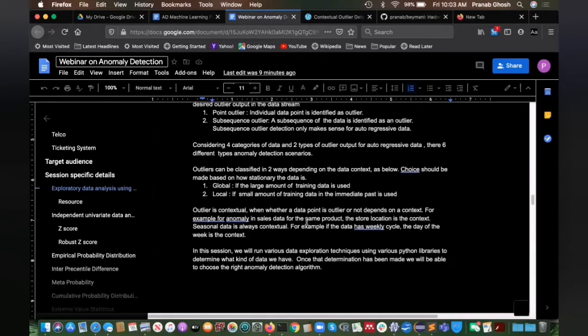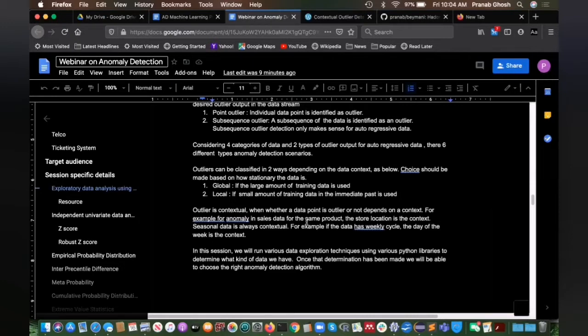That means whether something is anomalous or not is very much dependent on the context. So for example, a retail company might be selling the same product in 2 different stores. So in this case, the store location is the context. What is normal sale in one store might be anomalous in another store. So you really have to take the context into account. So that's called contextual anomaly detection.